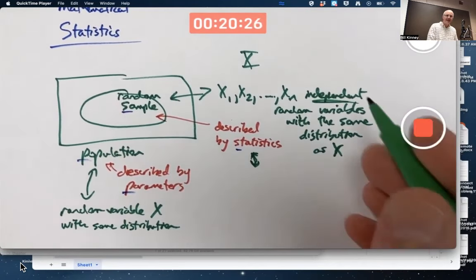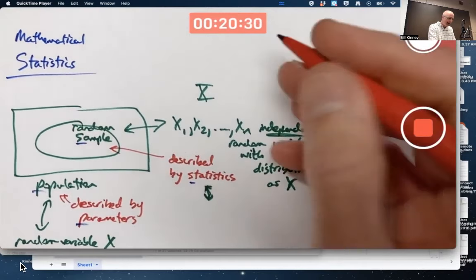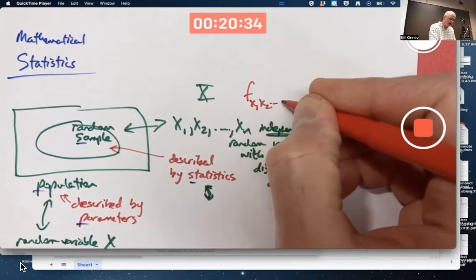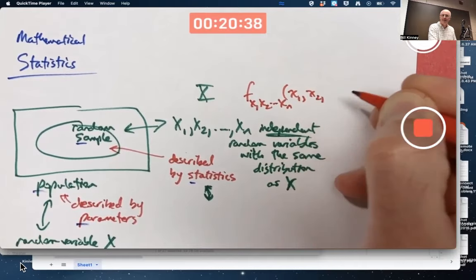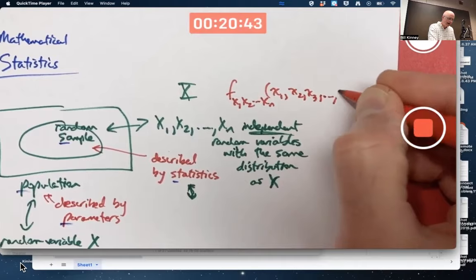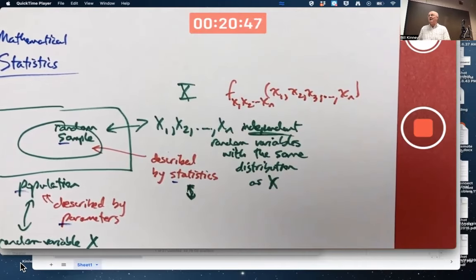What does this technically mean? Technically, it means the n-dimensional joint distribution, which we've never talked about before. We've always kept ourselves to bivariate random variables. But you can generalize bivariate random variables, chapter 5, to trivariate with 3 variables, or quadvariate with 4, or n-variate with n of them.